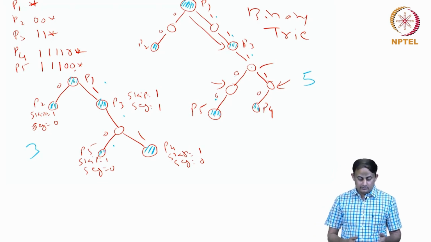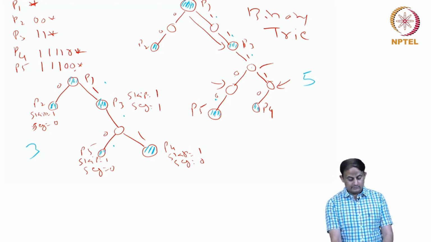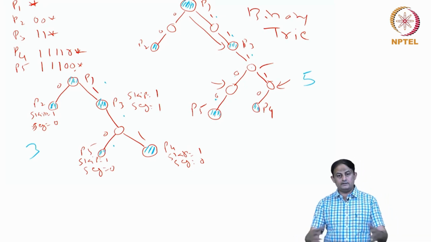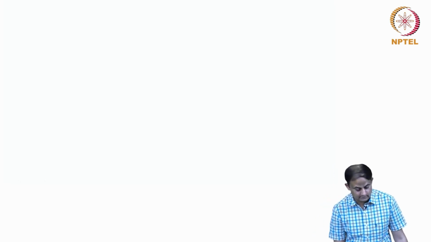Remember, you need to concatenate the label on the path between the node and its child, and then the segment that it is indicating. Then you do the comparison in one go. So let us take one more example and construct the path compressed tree before we actually look at the asymptotic performance of this optimized tree structure.